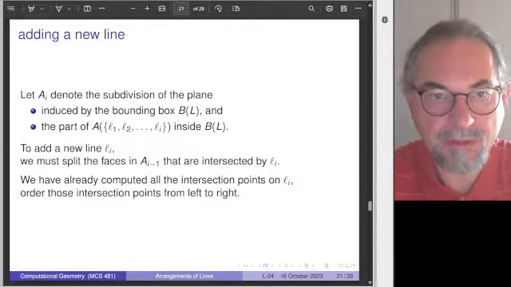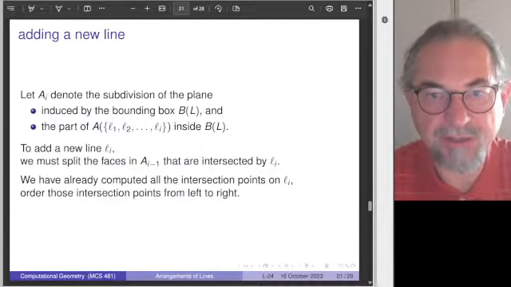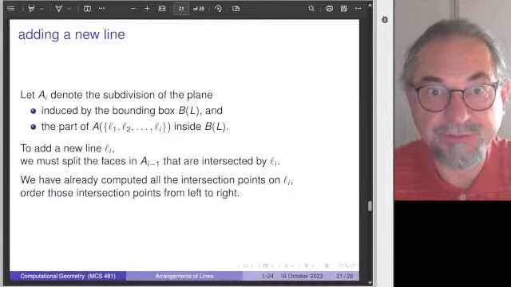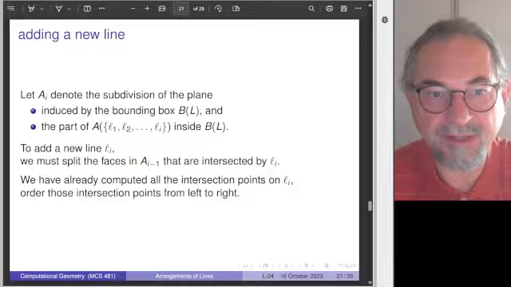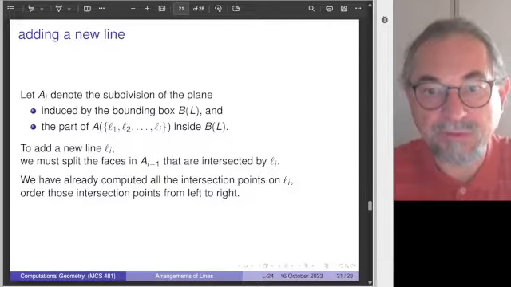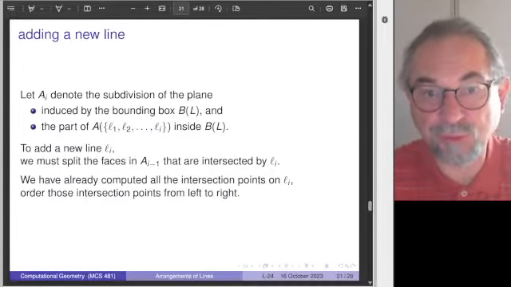Adding a new line, we denote A sub i the subdivision after adding the ith line. If we have a new line, then we split the faces. There is some sorting that we can do.